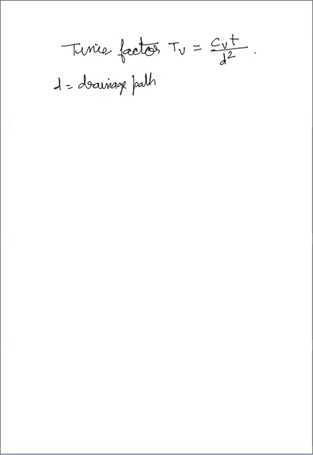Why do we need to find the time factor? Because when we know the time factor, we can relate it with degree of consolidation. Suppose this is your soil sample, and the water can be expelled out from both the ways.